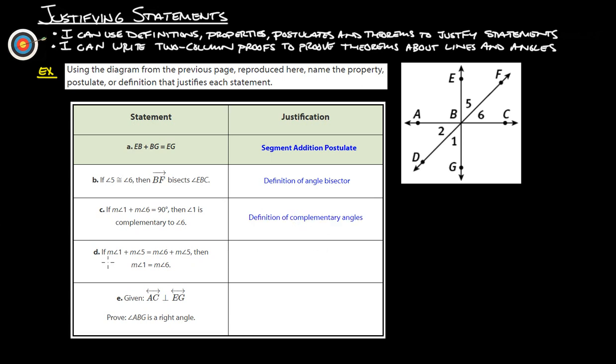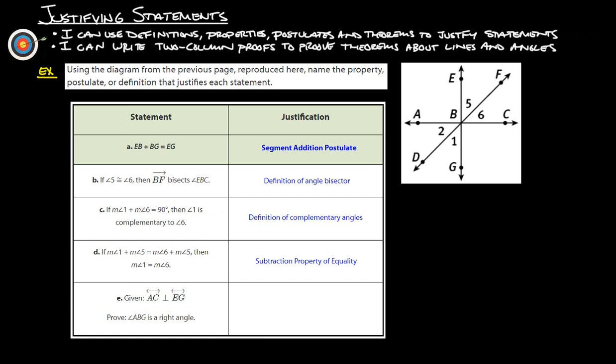All right, for D, if the measure of angle 1 plus the measure of angle 5 equals the measure of angle 6 plus the measure of angle 5, then that means the measure of angle 1 has to equal the measure of angle 6. Okay, and that's basically just taking these two things and subtracting.